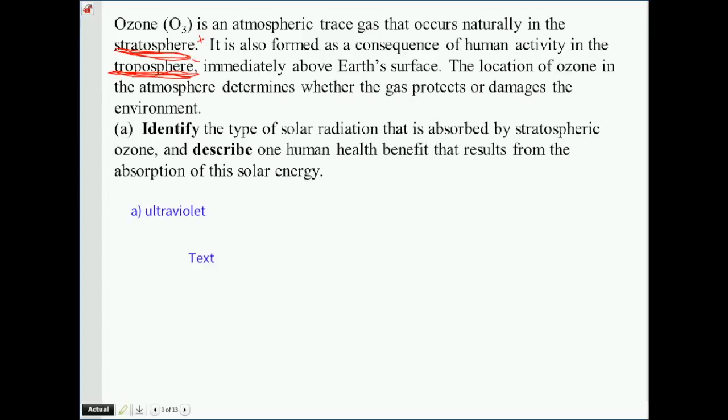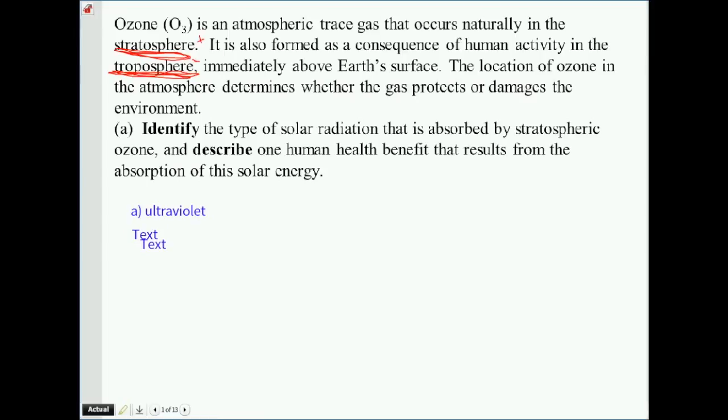So that's really nice, I think. You can say UVA or UVB, but as long as you say ultraviolet, they're okay with that. And then they want a human health benefit that results from solar energy.